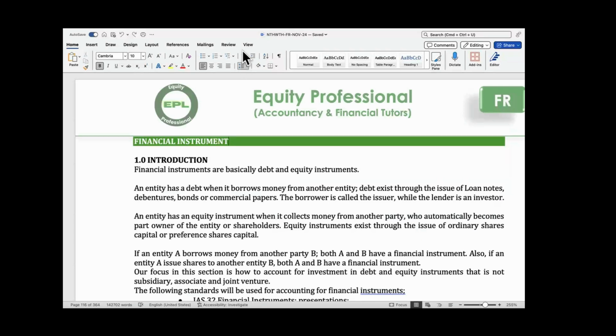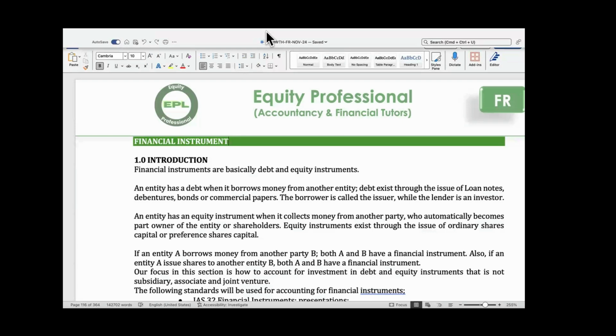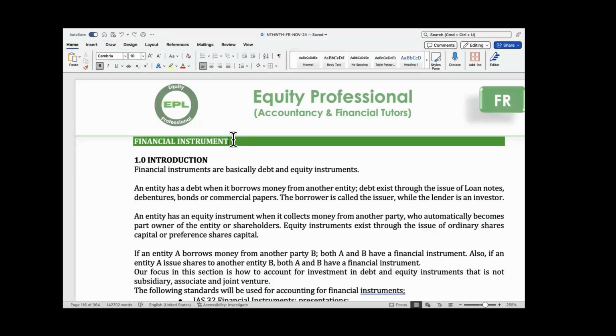Next week, I would either be teaching you financial instruments, or I might decide to teach you IFRS 15, either of them. But ultimately, this month is a defining month for us. We're going to cover a lot of major standards that we need to cover, so that by October, we can start solving some questions.